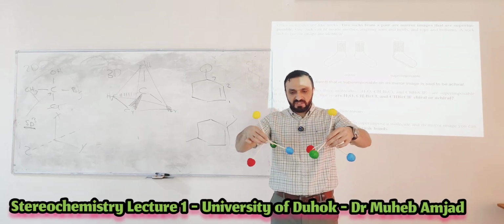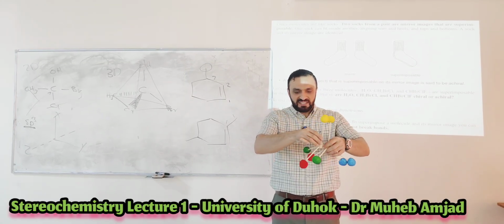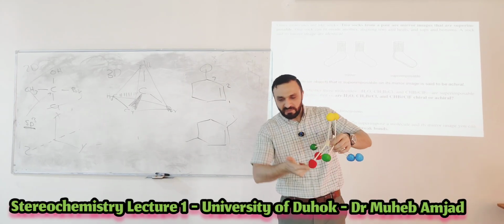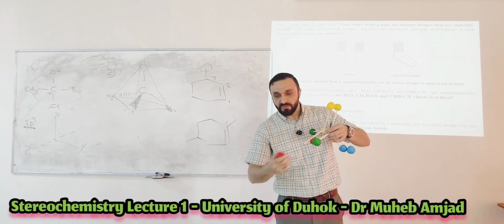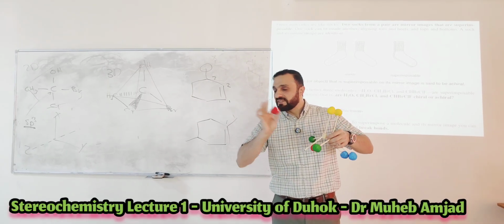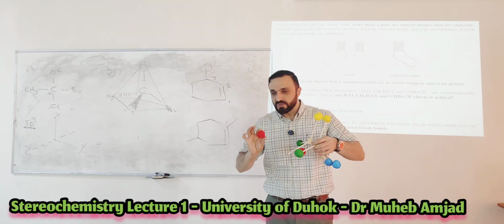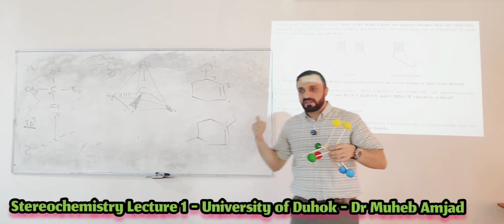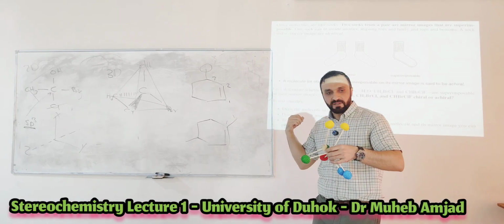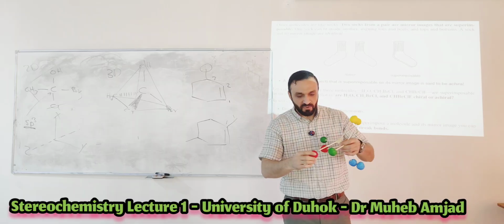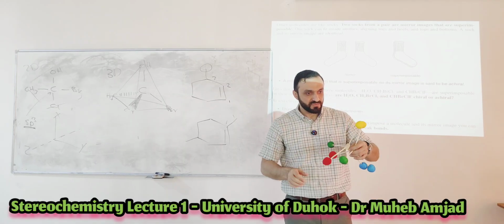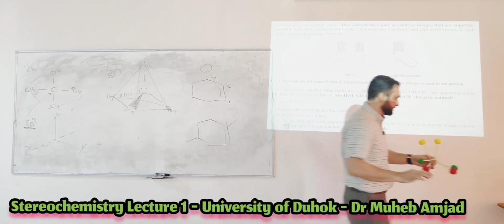Don't say, okay, this is blue and this is blue, it's easy, I just remove this and replace it here. No. If you remove it, that means you break the bonds. This cannot happen when you want to decide whether it is a chiral or achiral molecule. Don't break the bonds. Just make rotation.